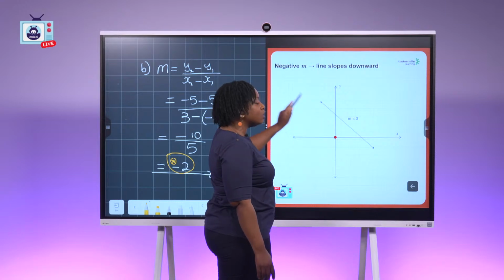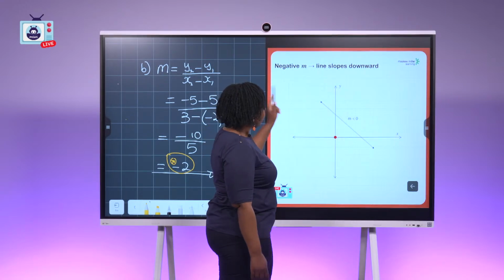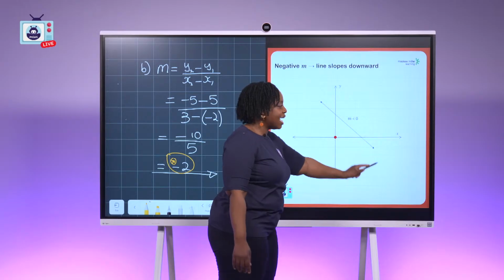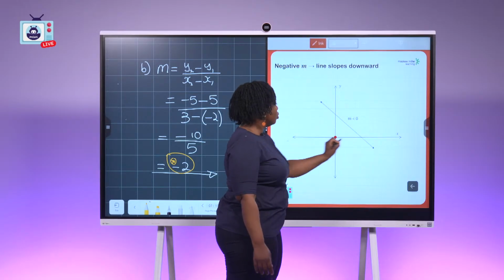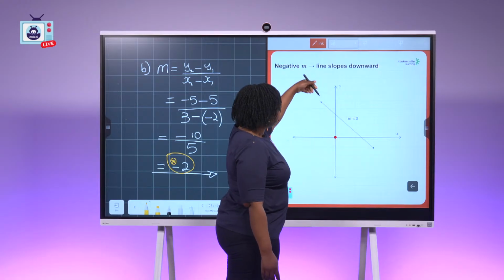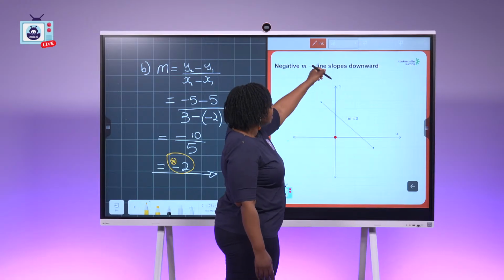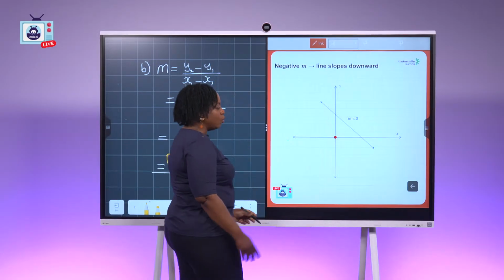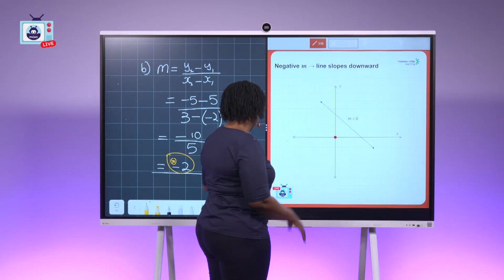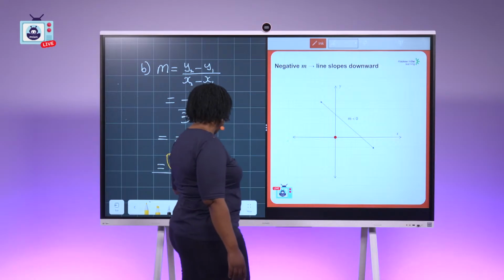You draw the graph from the left to the right. So as x increases from the negative to the positive, our graph is going down. In other words, our values of y, the output, are all going down, which is the opposite of the positive one.